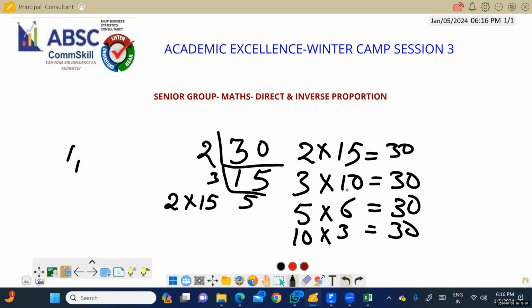Even if I write 15 into 2, we have already written 2 into 15. So it is 1, 2, 3, 5, 10.